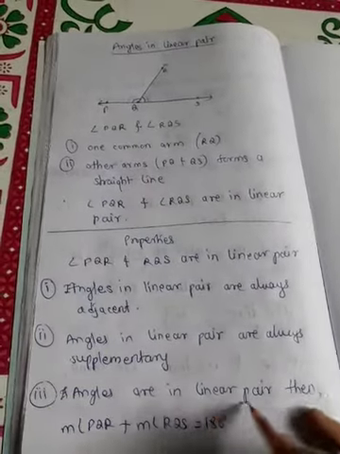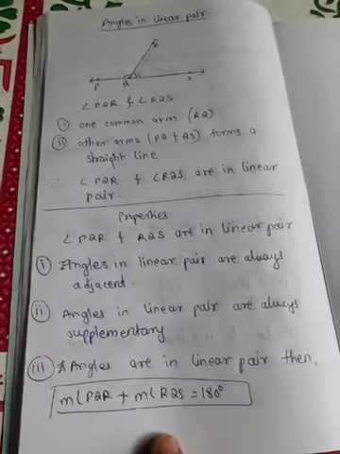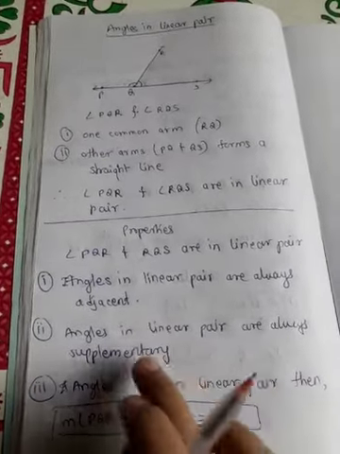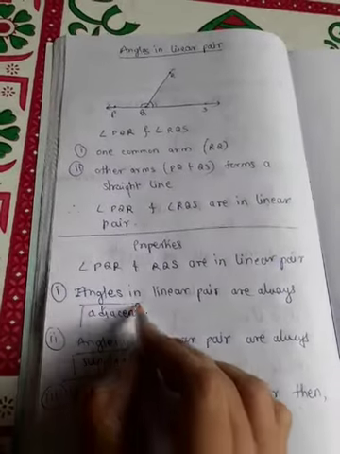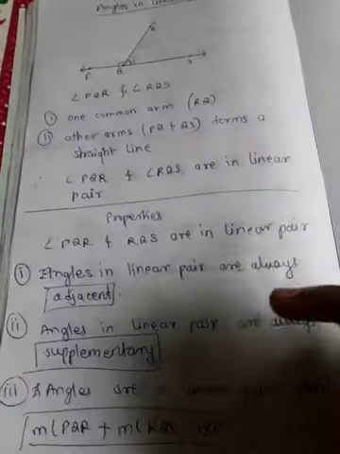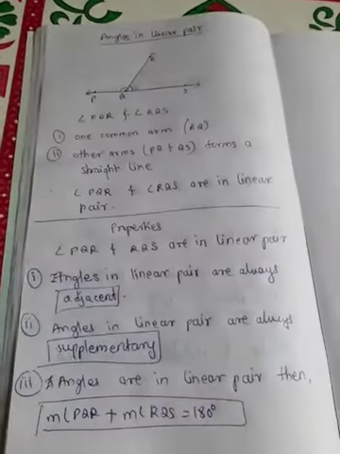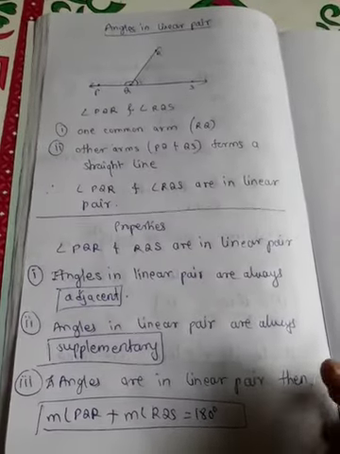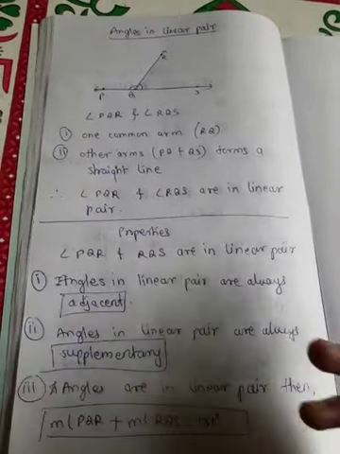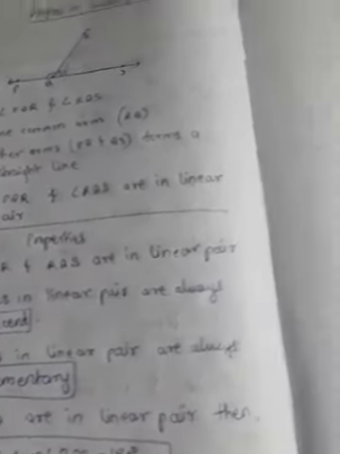If the angles are in a linear pair, then they are always supplementary, and they are always adjacent. So these three properties are most important about angles in a linear pair, and these properties will be useful in the next concepts.